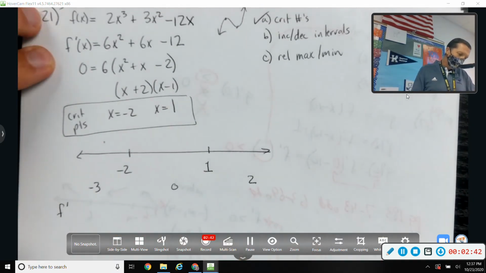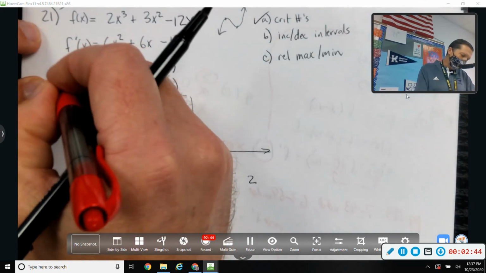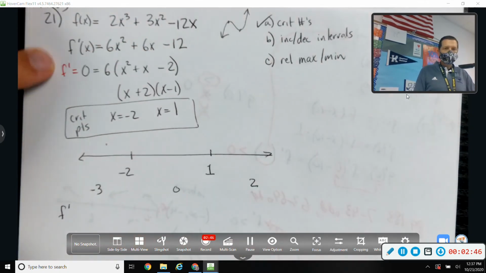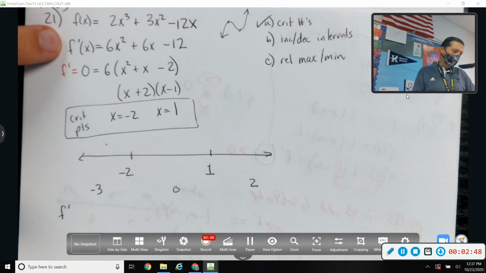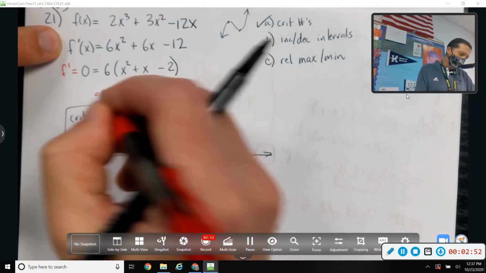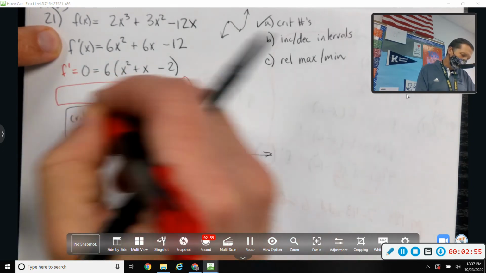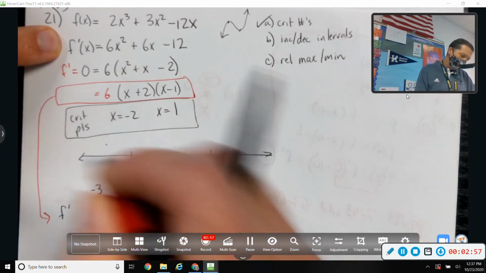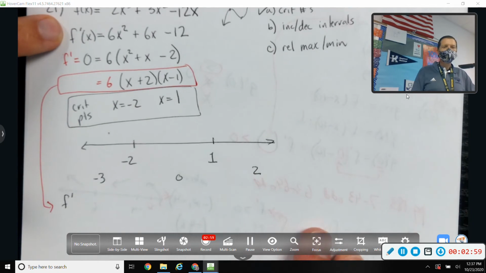So f prime, I've got options up here. I can plug it into the polynomial form, which would involve a lot of working things out. I think I want to plug it into the factored form, because that's going to be a lot easier.